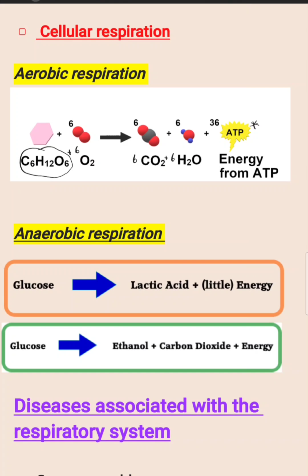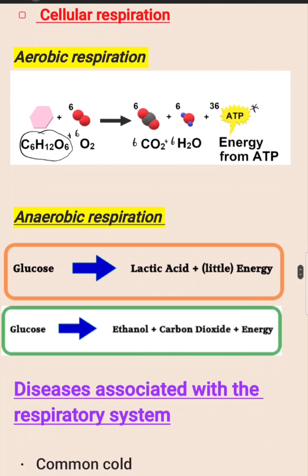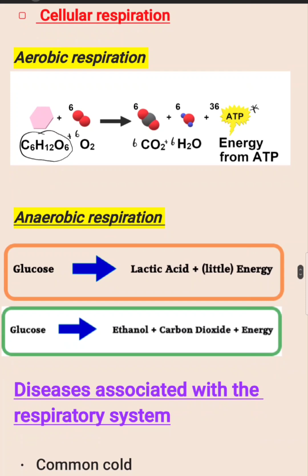Cellular respiration can be done as aerobic respiration and anaerobic respiration. If the oxygen concentration is higher or oxygen is available, organisms do aerobic respiration. If the oxygen concentration is lower or there is no oxygen, organisms do anaerobic respiration.